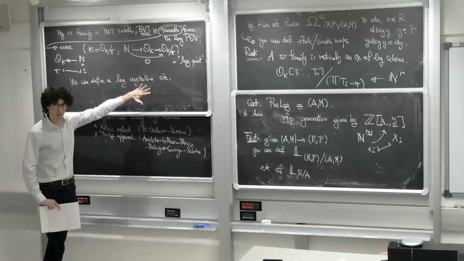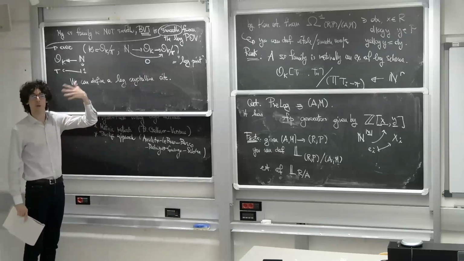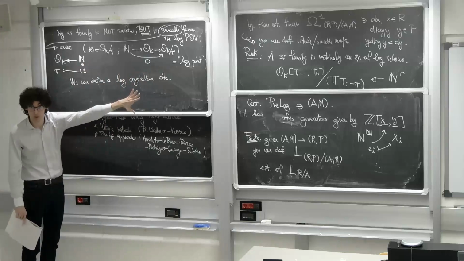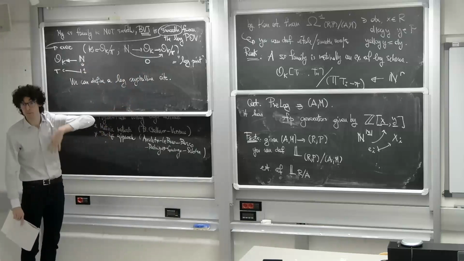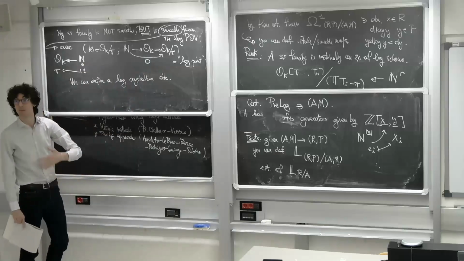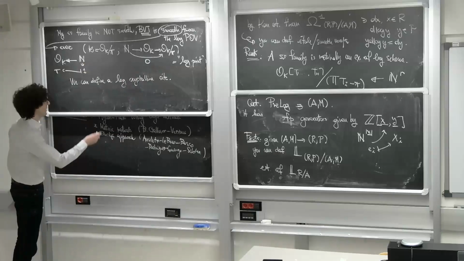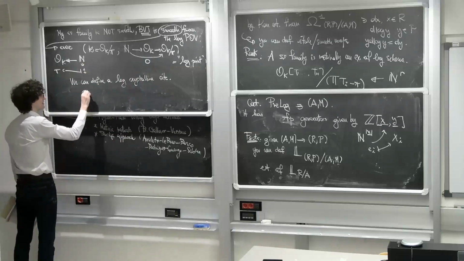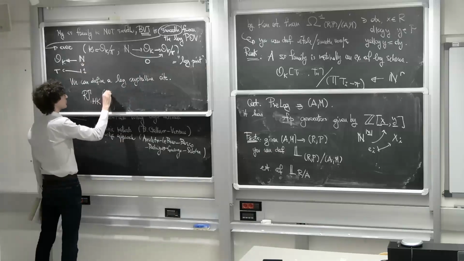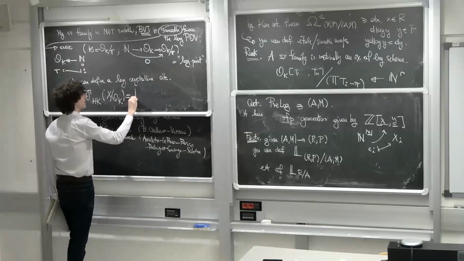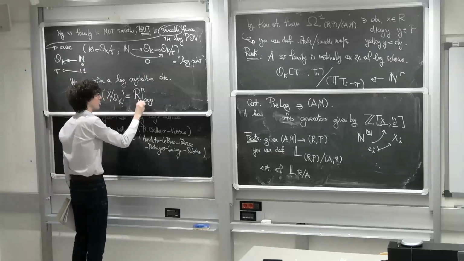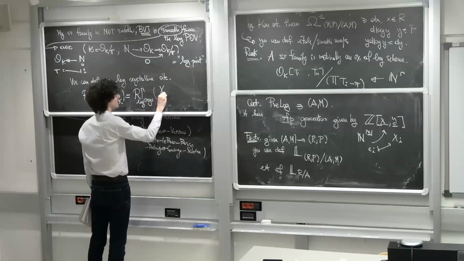It's not really useful to go through them right now, but beware that there is a way to make sense of a good notion of a crystalline site for a log scheme over a field of positive characteristic, exactly as you can for a classical scheme over a field of positive characteristic. And if you embrace this definition, or at least accept that such a definition exists, then the Hyodo-Kato homology of a proper semi-stable family can be defined as the log crystalline homology of the special fiber at 0.